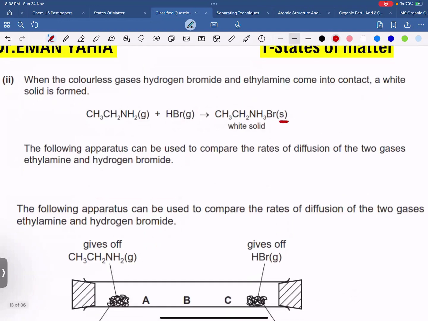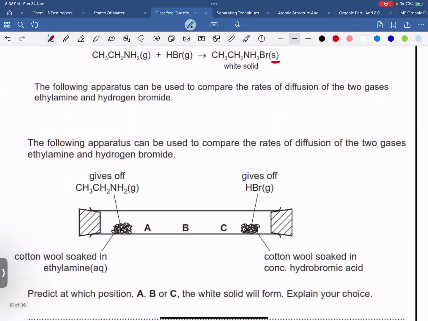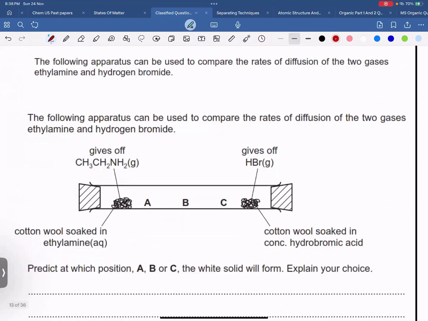The following apparatus can be used to compare the rates of diffusion of the two gases, ethylamine and hydrogen bromide. Remember, mass of HBr, because diffusion depends on temperature and mass. From the periodic table, hydrogen equals 1 and bromine equals 80. So overall mass for HBr is 81, 1 plus 80.